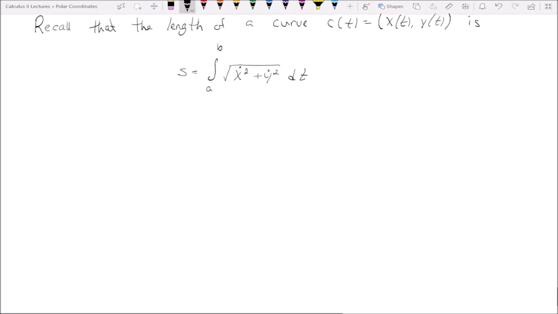Well, the square root of x prime of theta squared plus y prime of theta squared.